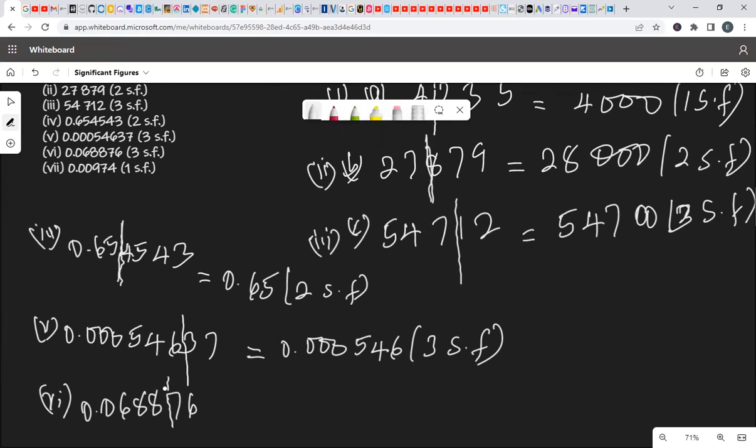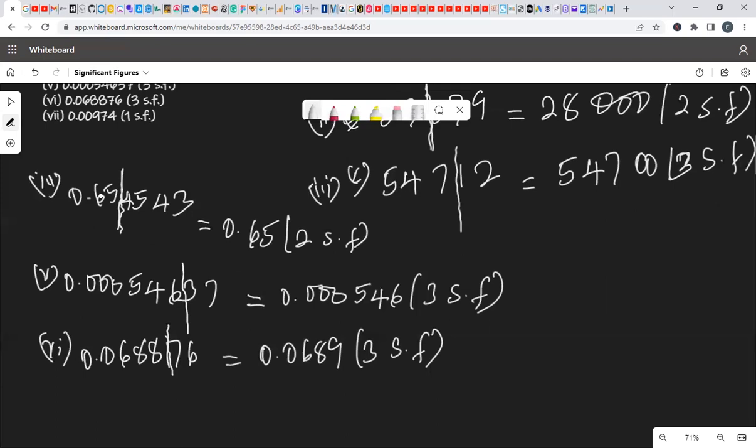I use a line to demarcate that. The next number to it is 7. 7 rounds up to 1. 1 plus 8 is 9. I have 0.0689, three significant figures.